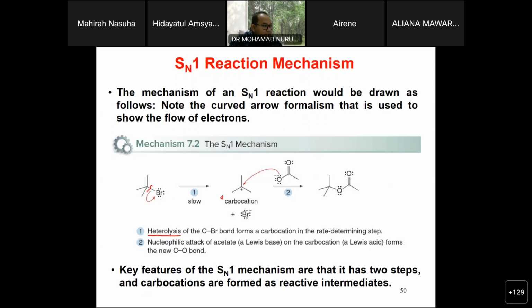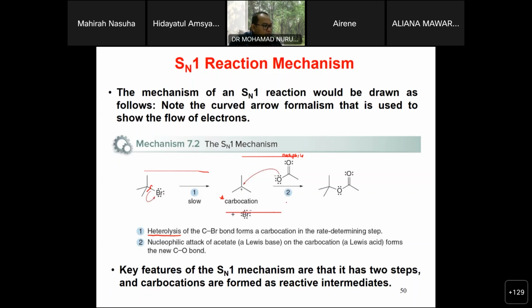This is very important. It means the alkyl halide will be in the rate-determining step. After that, this one is the nucleophile, which will attack the carbon. Sorry for my drawing.